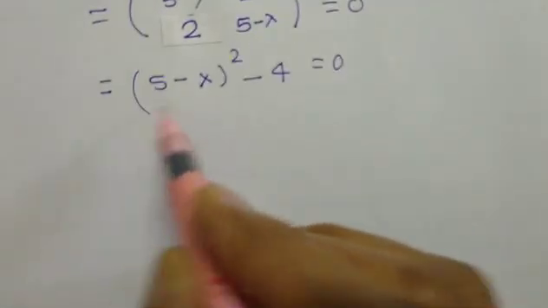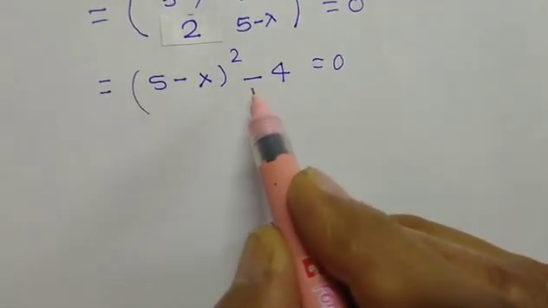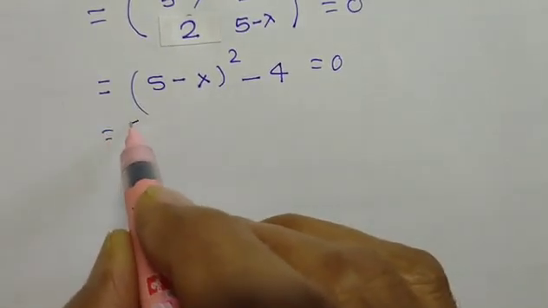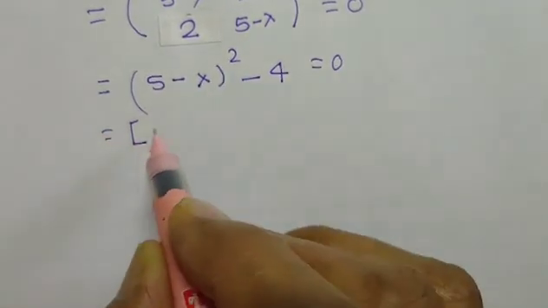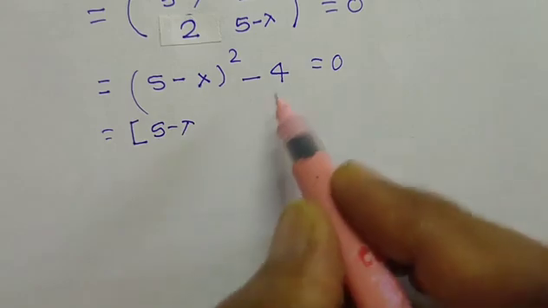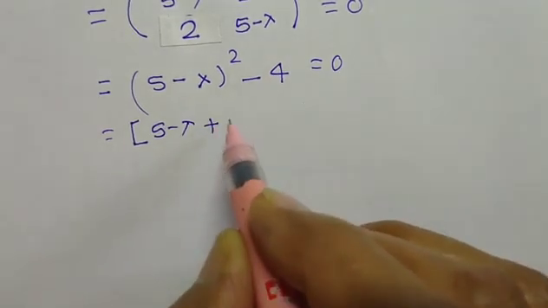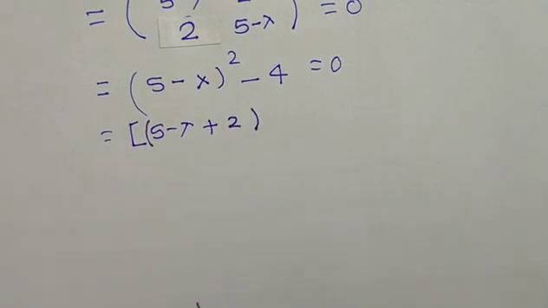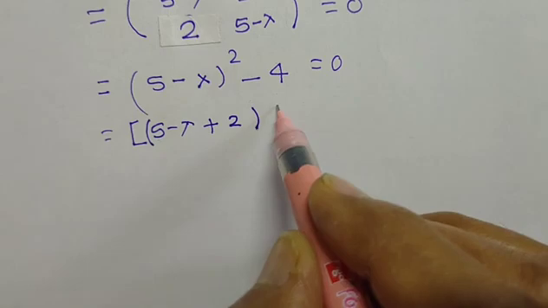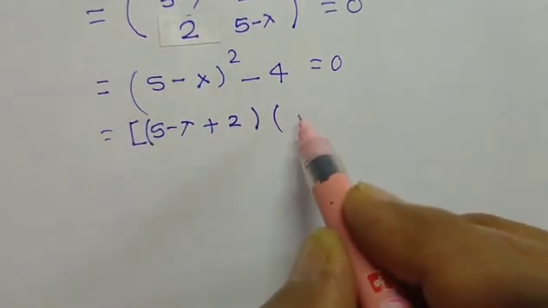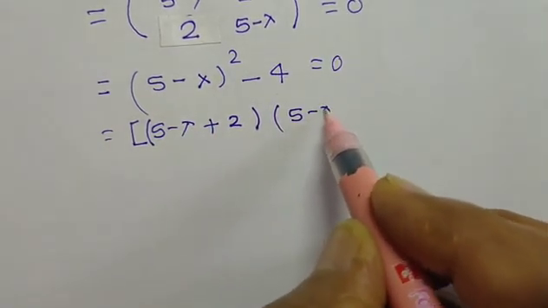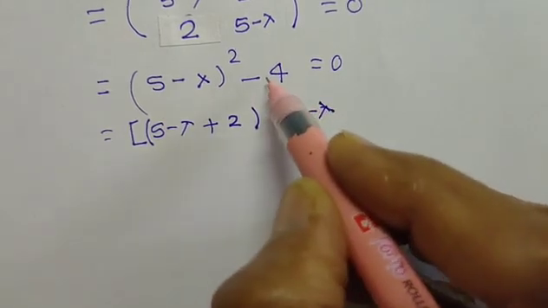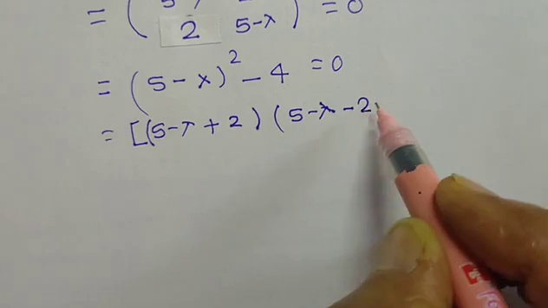So taking the square root of both sides, writing factors in this way. Square root of this is 5 minus lambda. Square root of this is plus 2. This is the first factor. Okay. Then the second factor: square root of this is 5 minus lambda, and this is negative square root, minus 2.